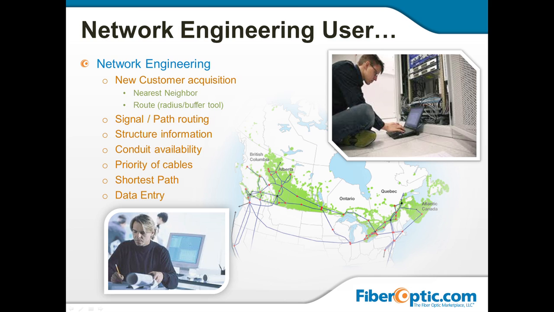Shortest path, that kind of information often goes to latency. It also goes to, if I can find the shortest possible path of my existing route and segment spaces conduit, I can design it in such a way as to use the minimum amount of cable and save money in future planning. And then data entry.